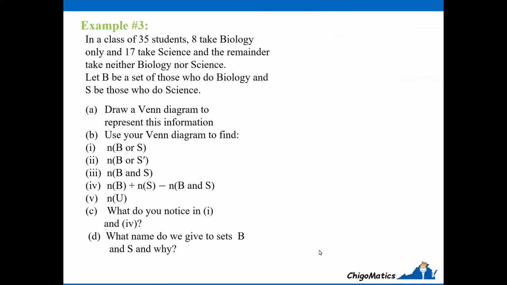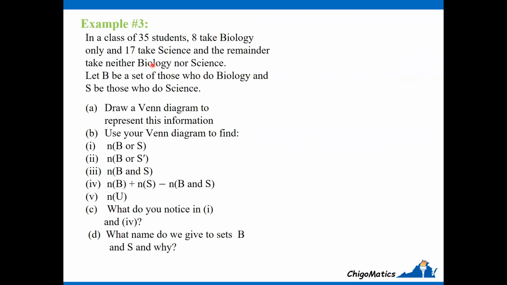So this is why I'm saying it is an important conclusion. Okay, let us look at example number 3. In a class of 35 students, 8 take biology only and 17 take science, and the remainder take neither biology nor science. Let B be the set of those who do biology and S be those who do science.